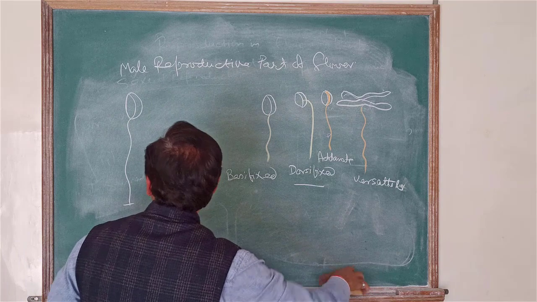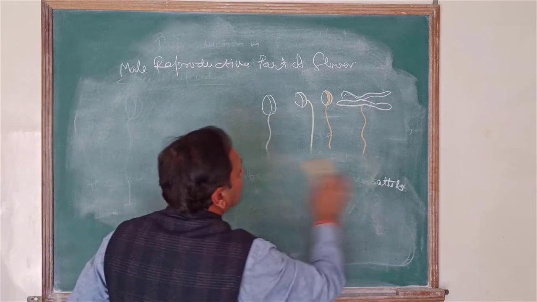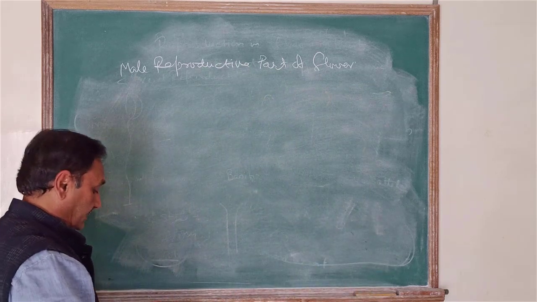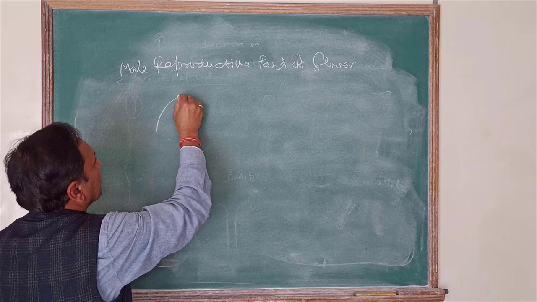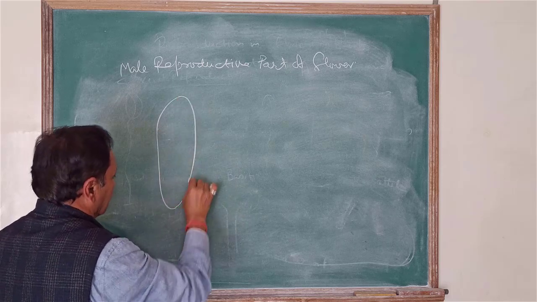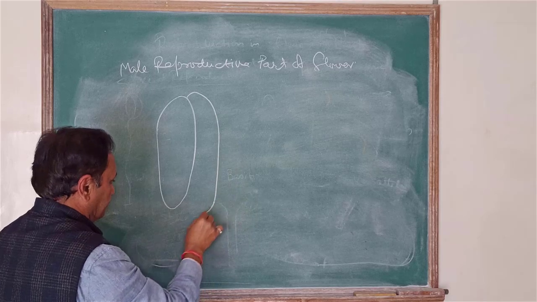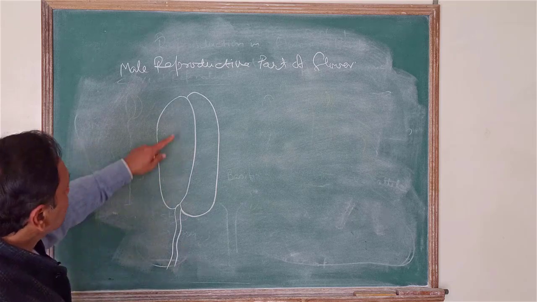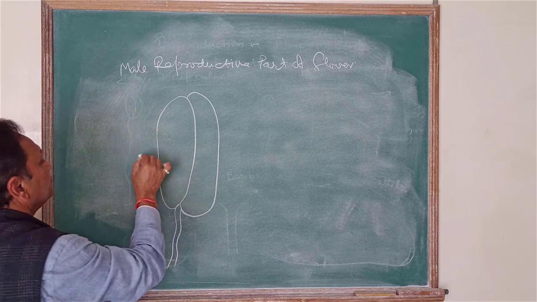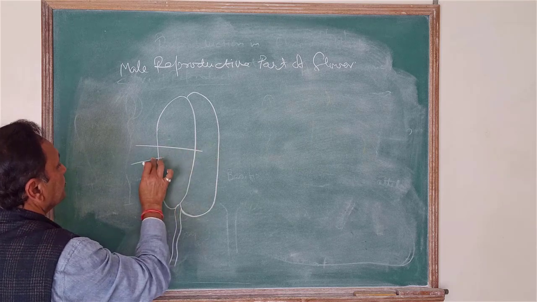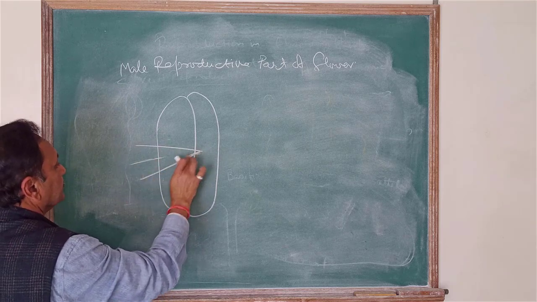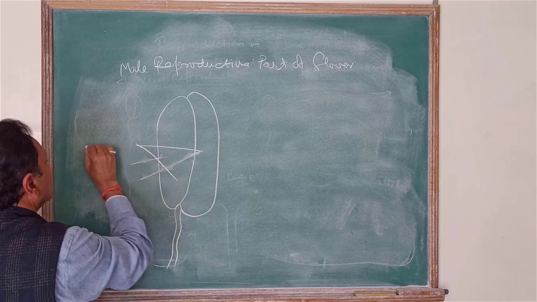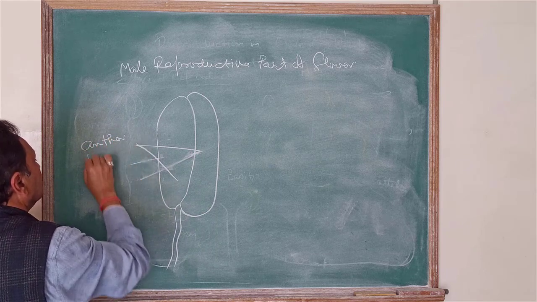Now we will discuss the internal structure of the anther. We know that anther is basically this type of structure, and this is called anther lobe.